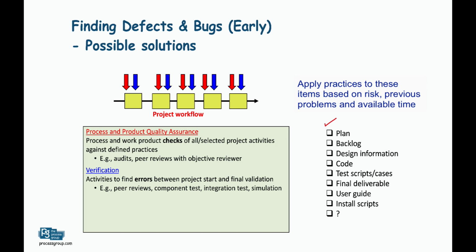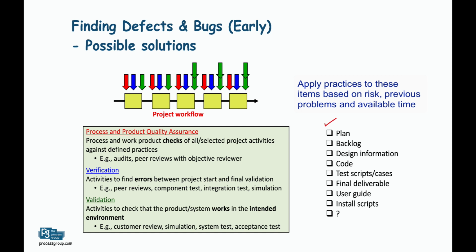The third category of activities are validation activities. Validation activities are where the user provides feedback on the backlog and the solution is tested in the user's intended environment. All Agile definitions have steps to review the backlog with the user or the product owner, so this should be nothing new.